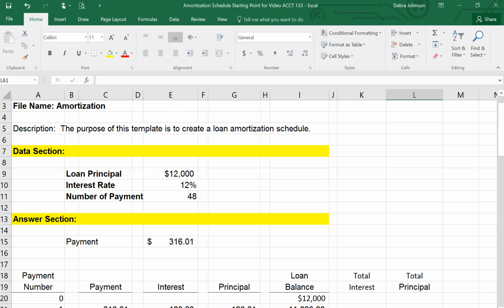Let's use our loan amortization schedule to talk about some what-if scenarios. Later on in your handout, you'll be asked some similar questions. For example, one such question would be, if you could afford to pay $400 per month, what would be the resulting cost savings in interest?